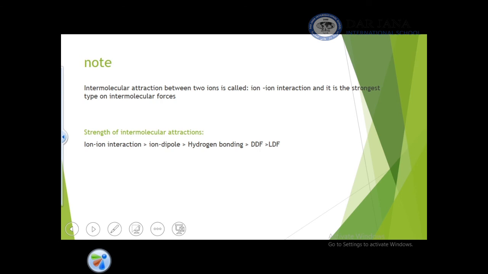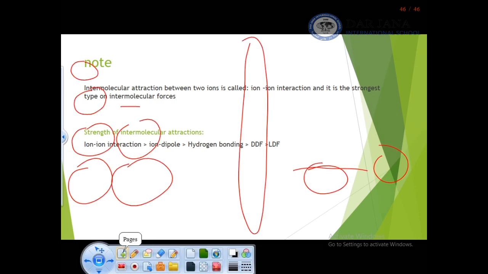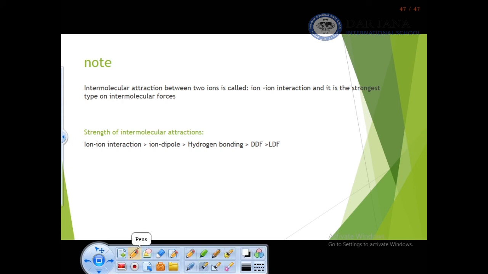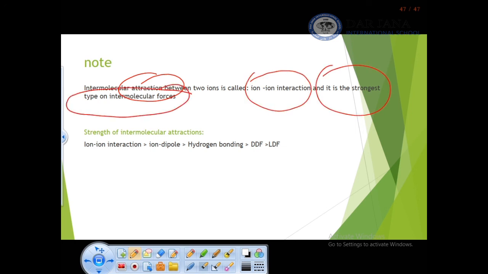Note something very important: the intermolecular attraction between two ions is called ion-ion interaction, and it's the strongest type of intermolecular force, not intramolecular force.